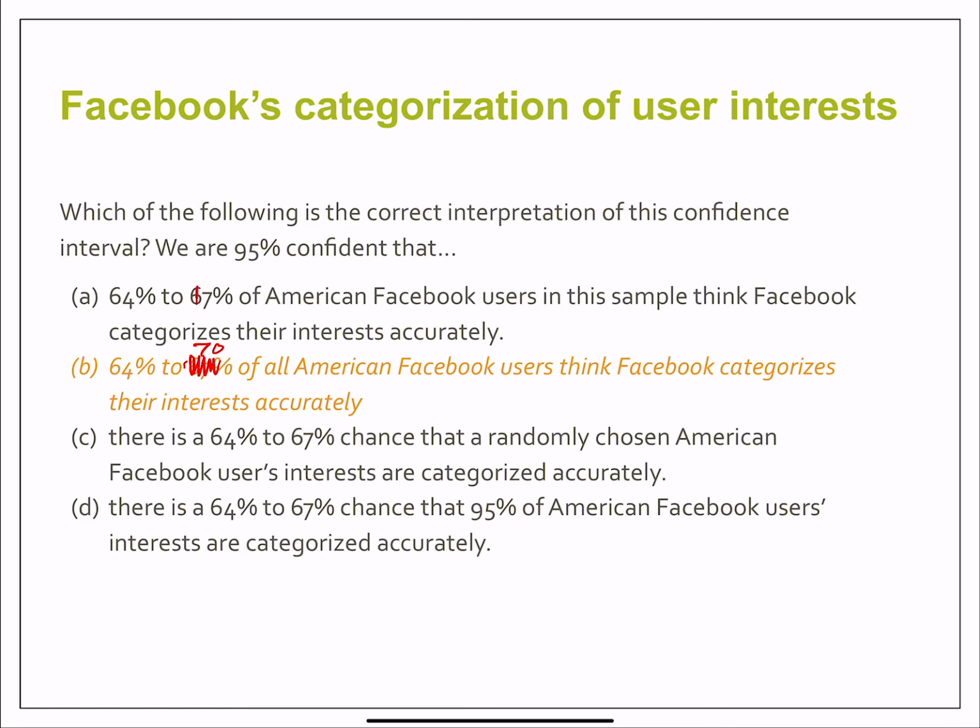All of them should be 70. That's a typo on my part. We are 95% confident that 64% to 70% of all American users think Facebook categorizes their interests accurately. That would be the correct interpretation.